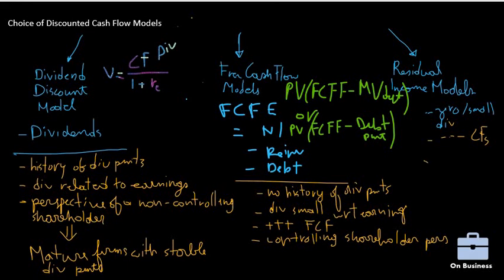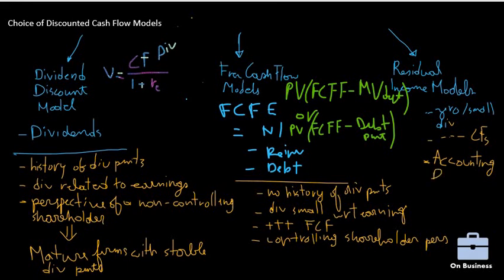So if I have high quality accounting disclosures, I could use the residual income model, but we're not going to discuss it in this course because it's barely used. This is because you could manipulate the numbers because of the accounting conventions, and it's the least liked thing to do when valuing a company.